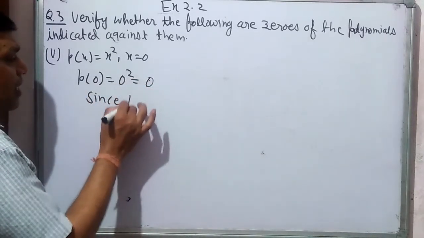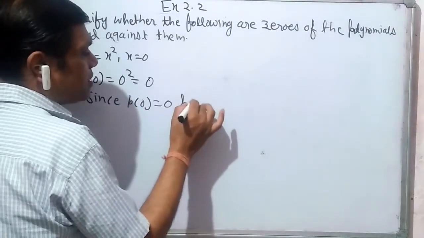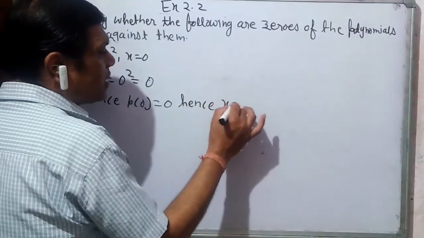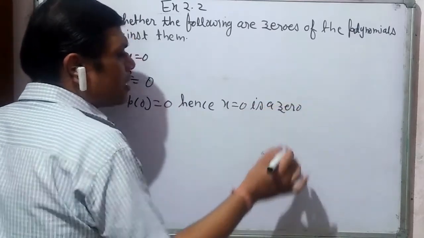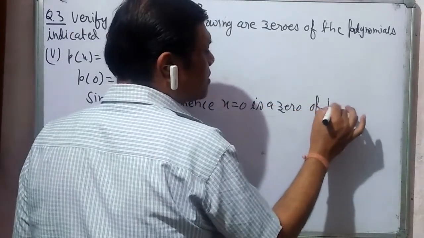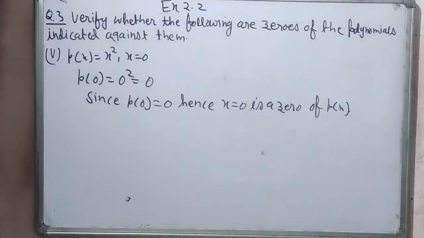The same way, we can write since p(0) is 0, hence x equals 0 is a 0 of p(x). Please note, in this case, the value of x is also 0, which is making the value of the polynomial 0.